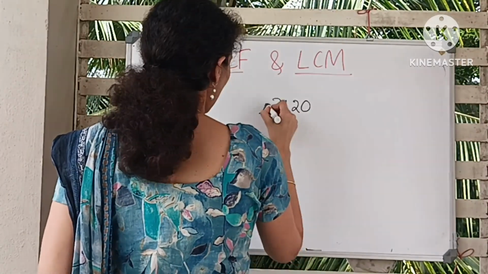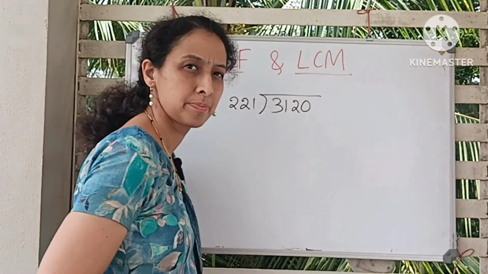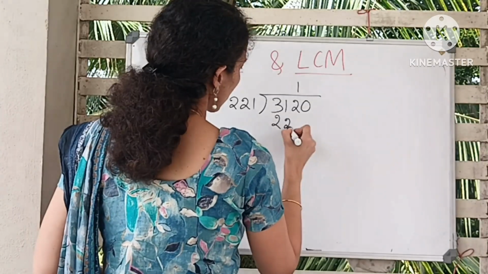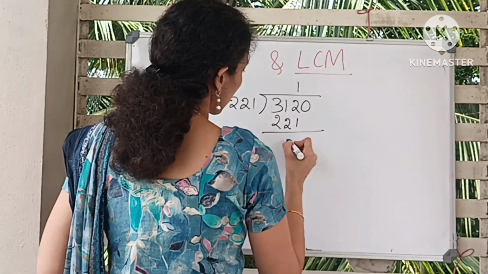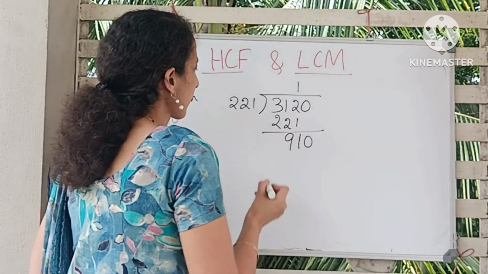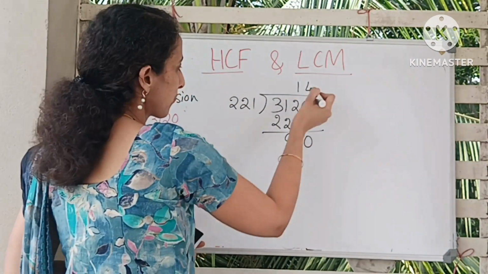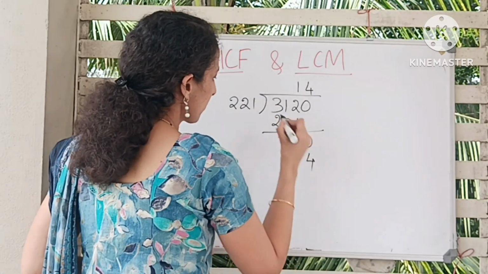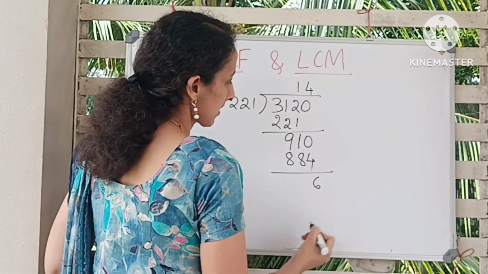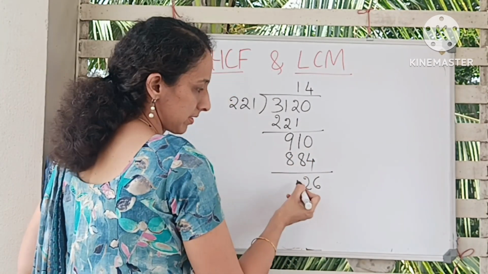3120 divided by 221. So one time, that is 221, we get 1 and 9, and we get this 0 here. We see that 4 multiplied by 1 is 4, and here 8 and 8, and here we have 6, 10 minus 8 is 2, and this is 0.